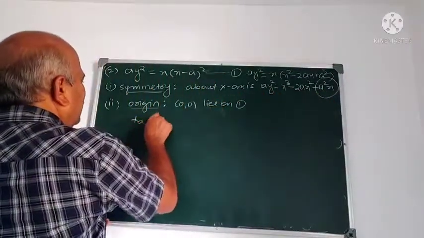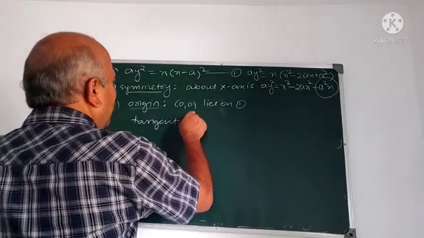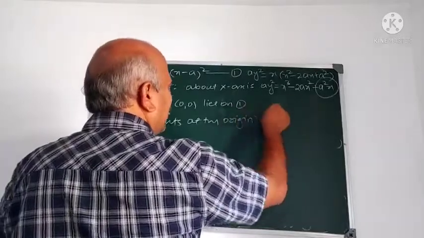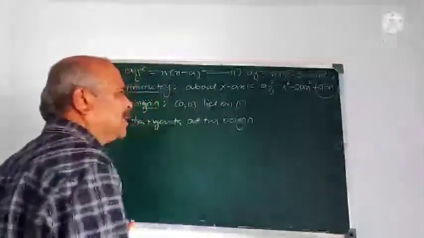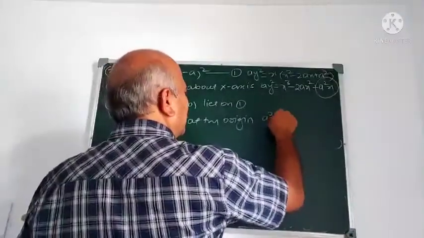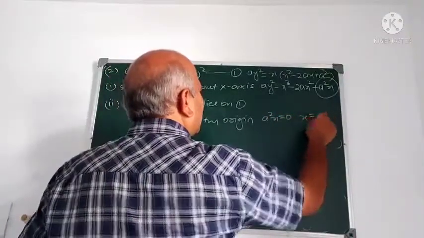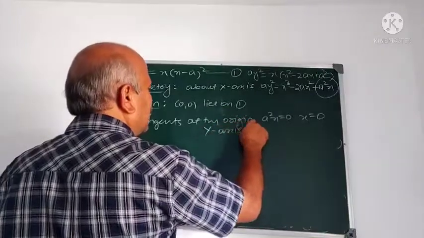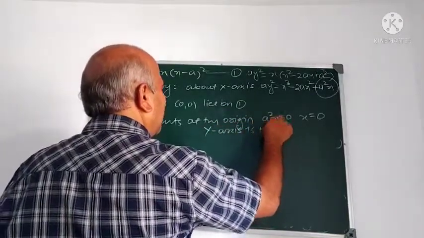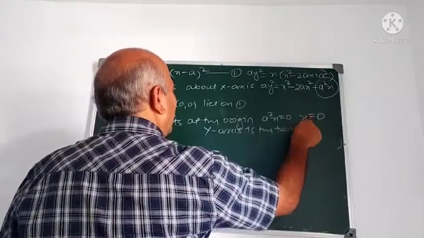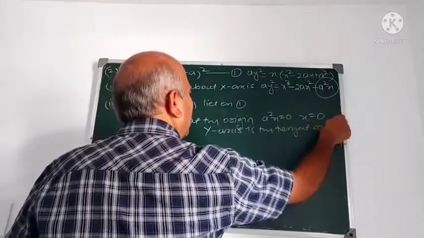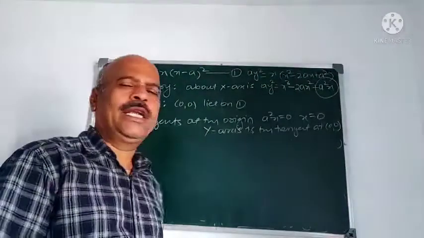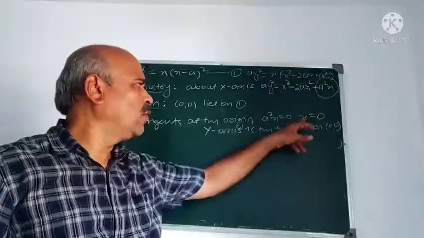So the tangent at the origin is given by equating the lowest degree term to 0. That is a square x is 0, x is 0. Therefore, the y axis is the tangent at the origin, and it is not a double point because there are no two tangents here.